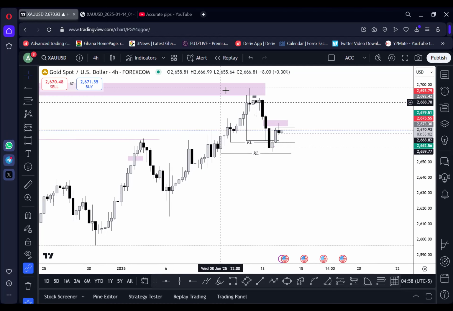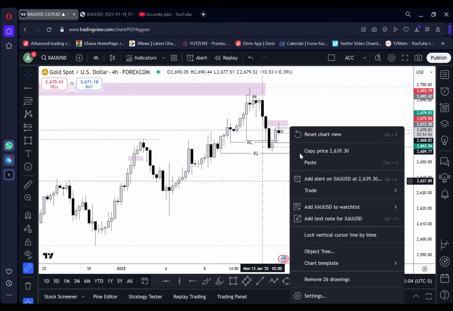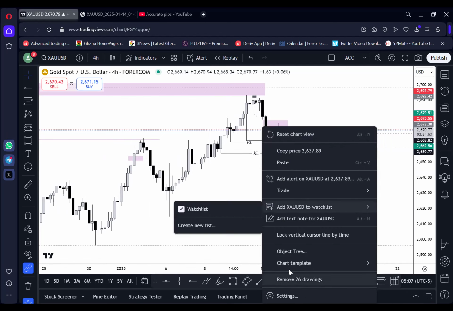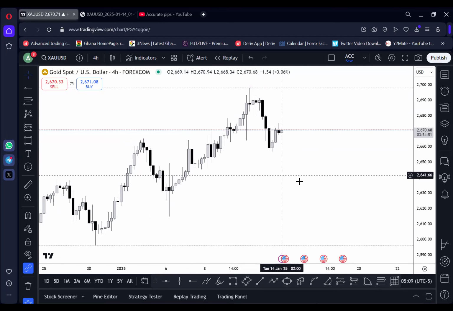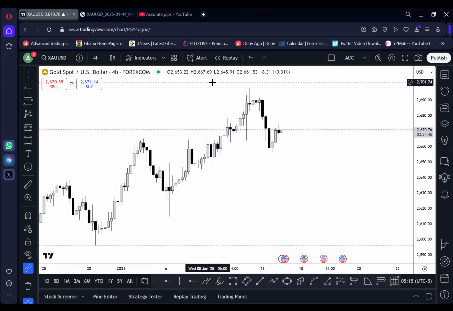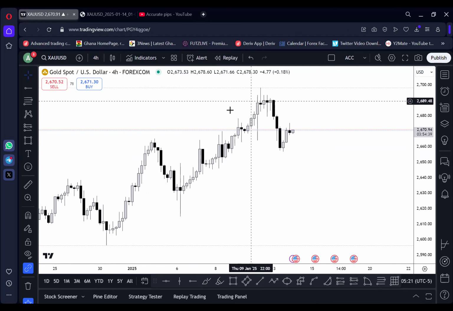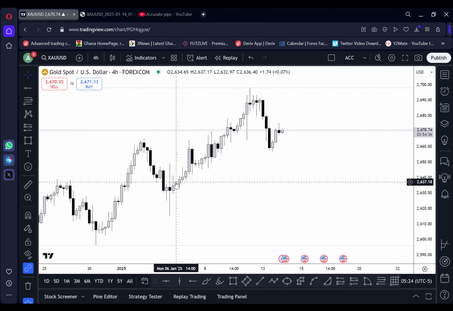Quickly, I would like to use the replay tool. Let me remove all drawings. All right, so I've removed all the drawings, and I just want to concentrate on this area. Now, yesterday I used this area on board to teach you guys on the imbalance or fair value gap, as you will call it.